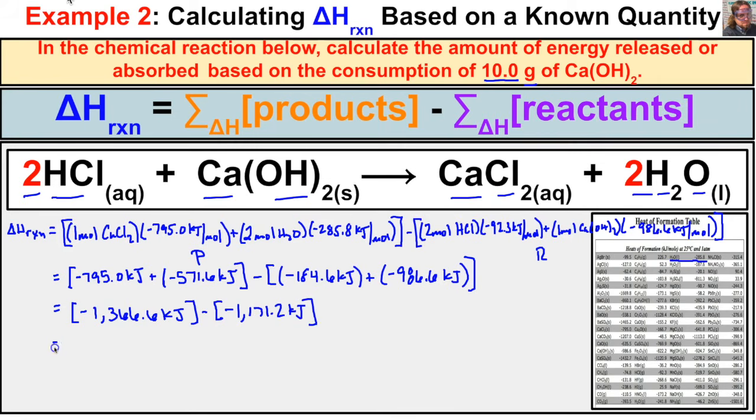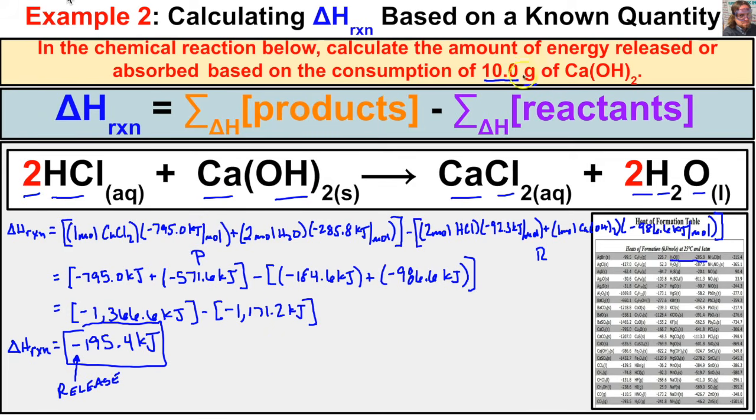And so when we put this in our calculator, we will end up with negative 195.4 kilojoules. So that is our heat of the reaction. It looks like this chemical reaction is going to release 195.4 kilojoules. We know it's going to release because the sign here is negative. So that is our heat of reaction.